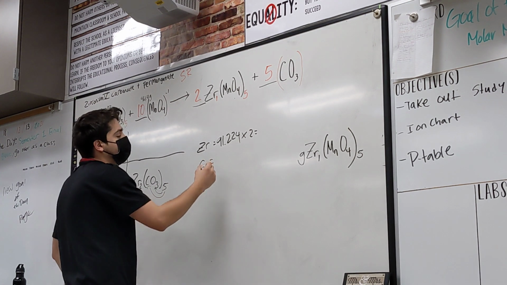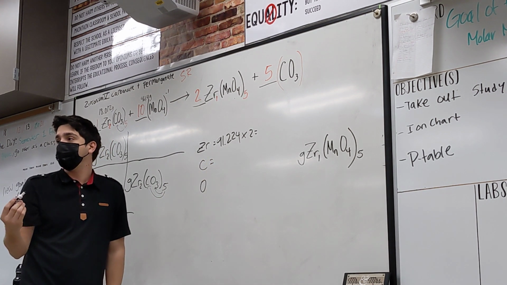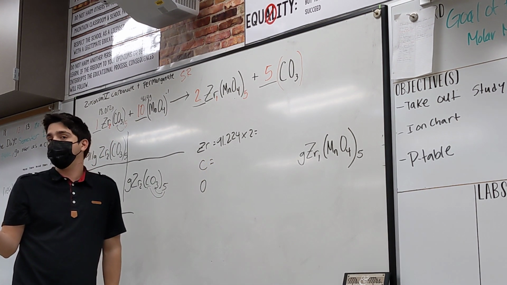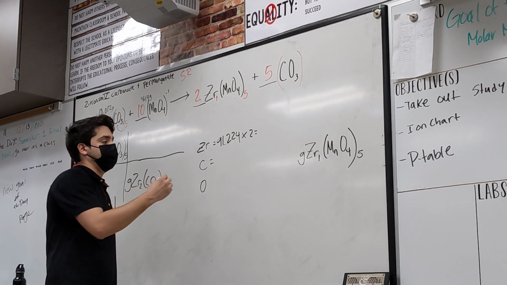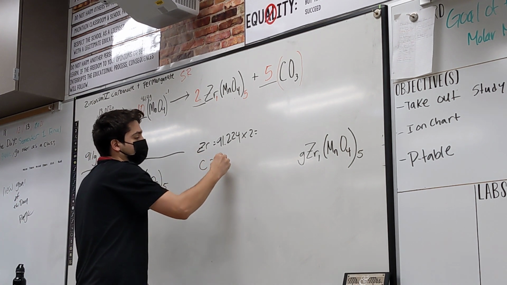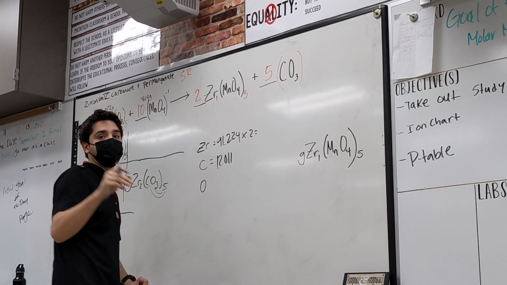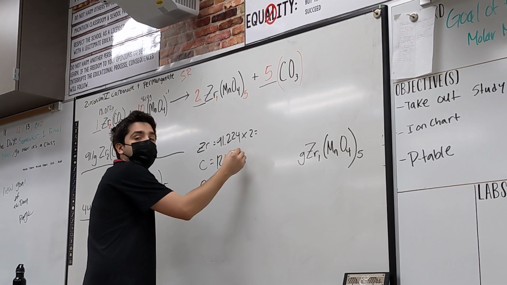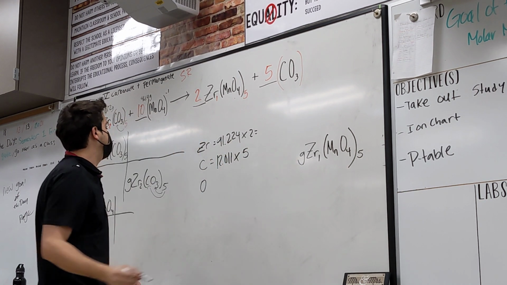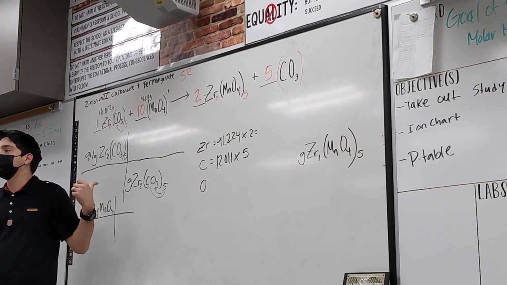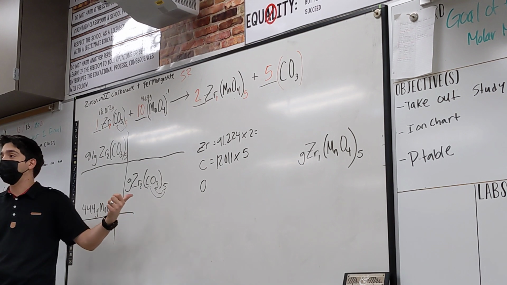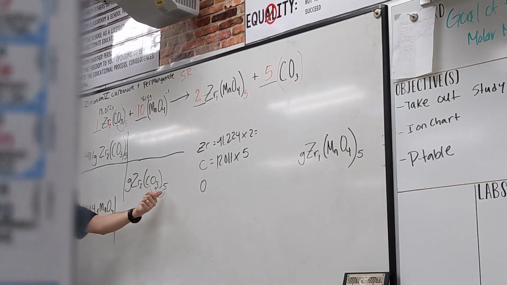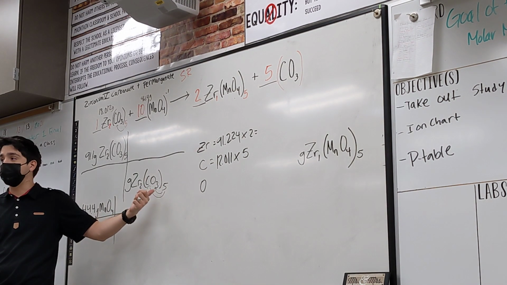So what's the value of carbon? 12.011. Yeah, if you look on your periodic table, 12.011, and we said how many of them there were? 5, okay. And then what about oxygen? How many oxygens do we have? 5 times 3 is what?